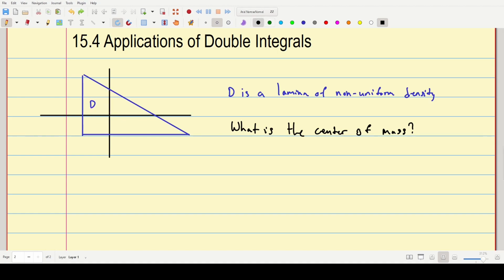The way that this is going to be set up is we use formulas for moments.